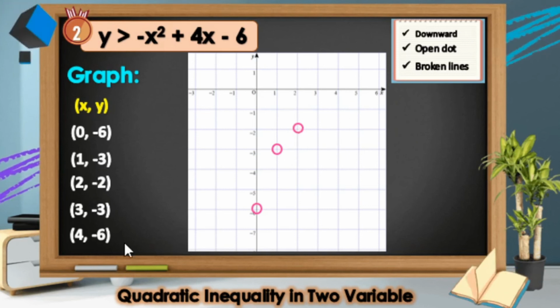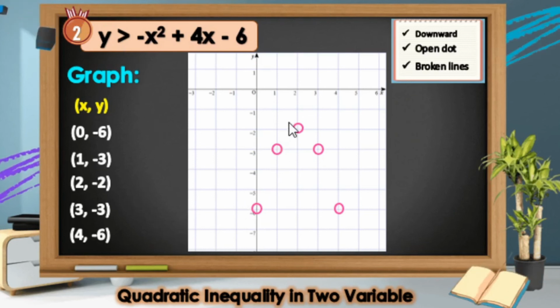So, dyan yung magiging point natin. Then, 3, negative 3. So, dyan. And 4, negative 6. So, since ito ay open dot, it means these points are not part of the solutions. No? Hindi sila solutions ng ating given quadratic inequality in two variables.